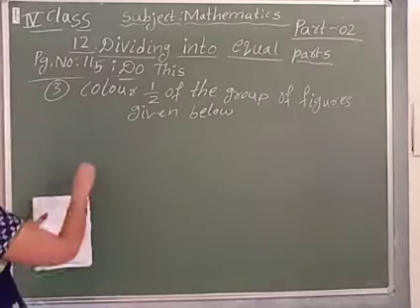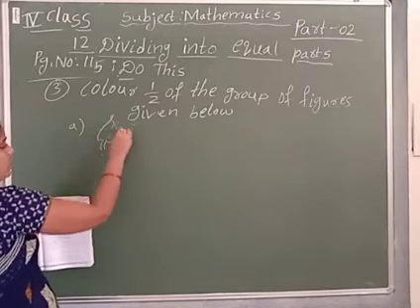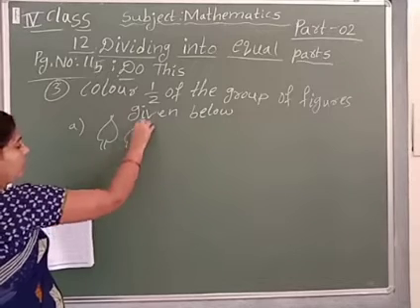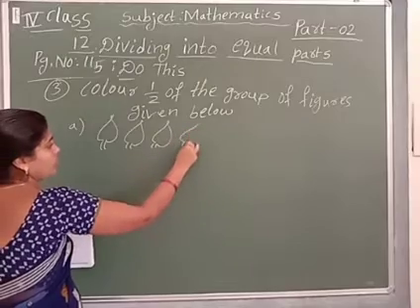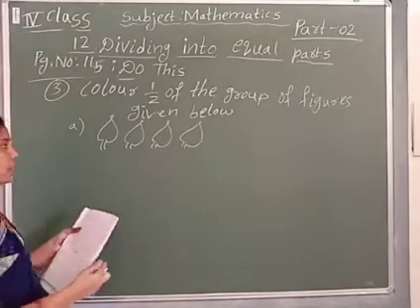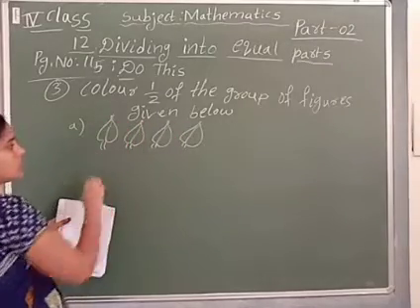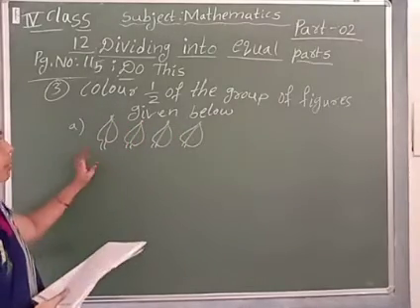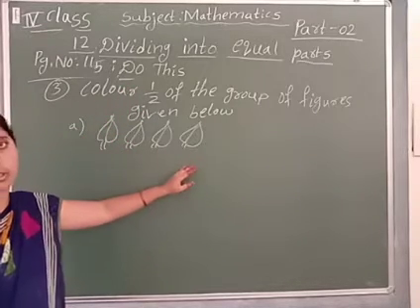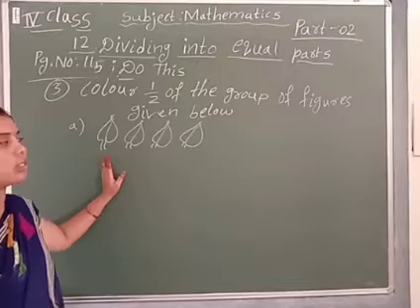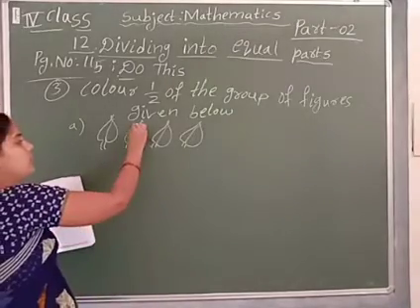See here, A1. There are leaves. So 4 leaves only are hanging. In these 4 leaves, half part means how many? 2 leaves. So you will shade 2 leaves.